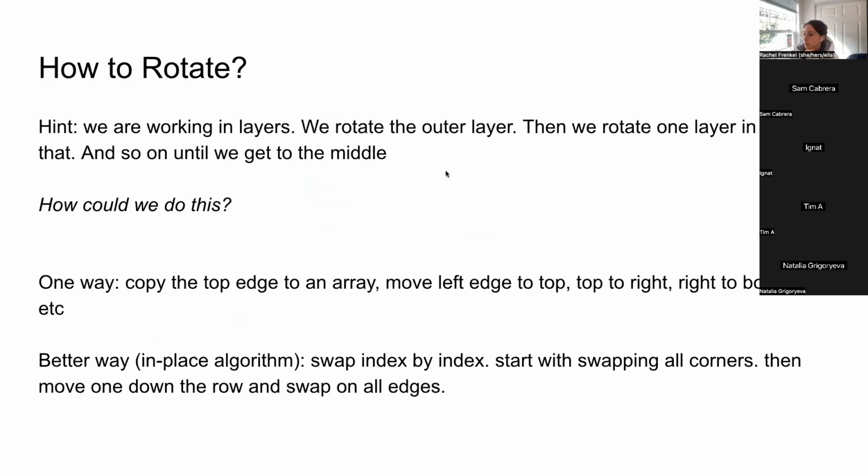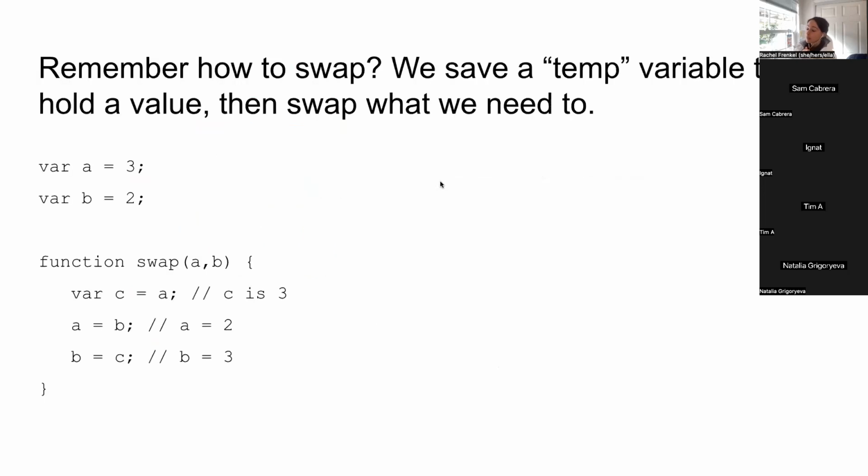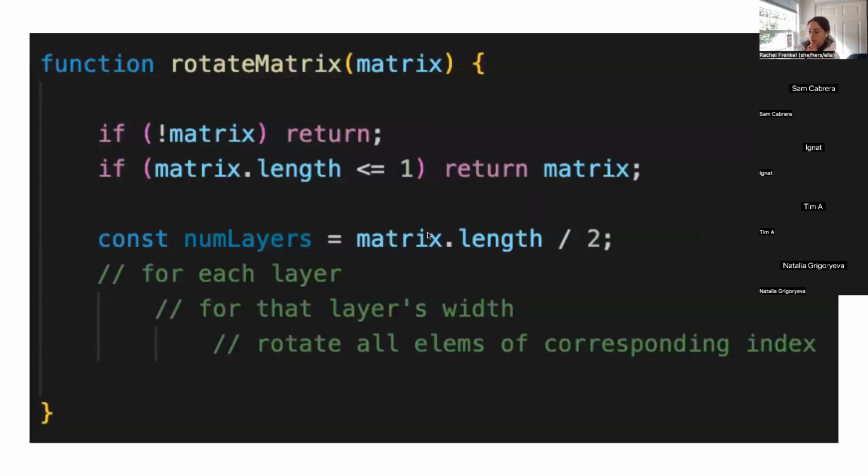We'll be able to use recursion if we want, because you're solving the same problem over and over again. This is a really good example of recursion. You're taking a layer and rotating it, and you keep doing that until your base case, which is the layer is of size 0 or 1. So for each layer, for the width of that layer, rotate all the elements of that corresponding index.